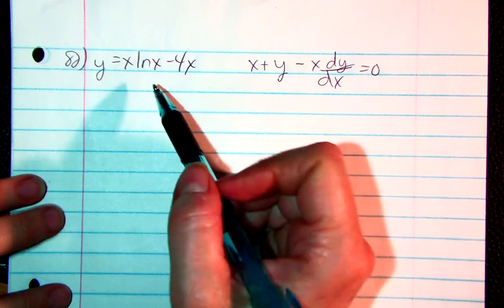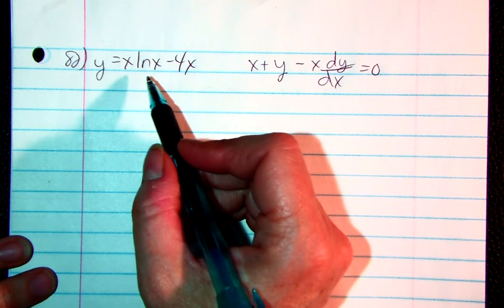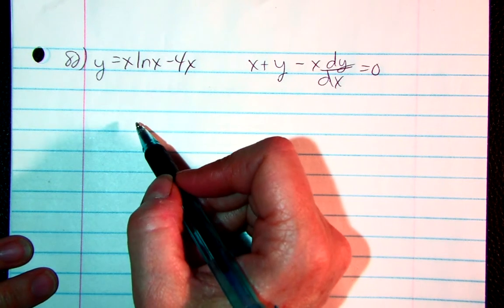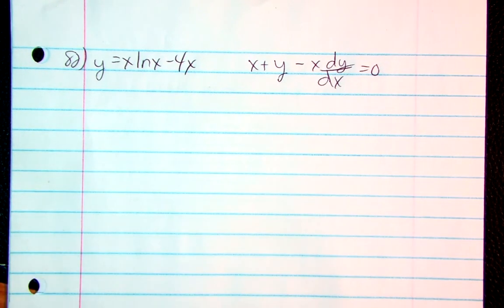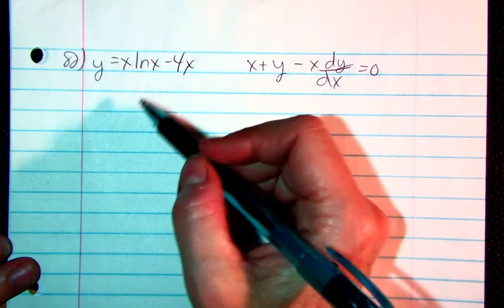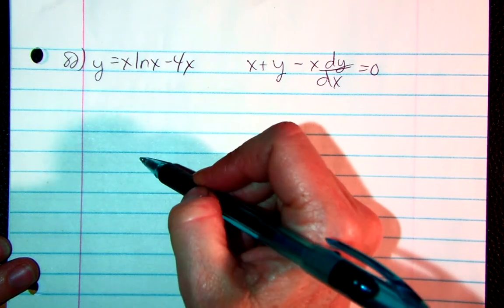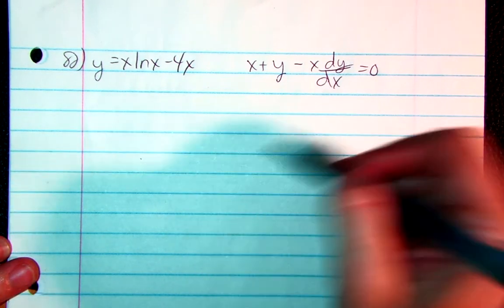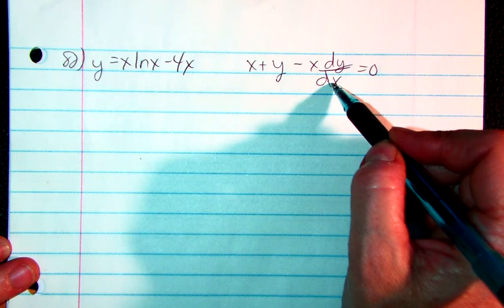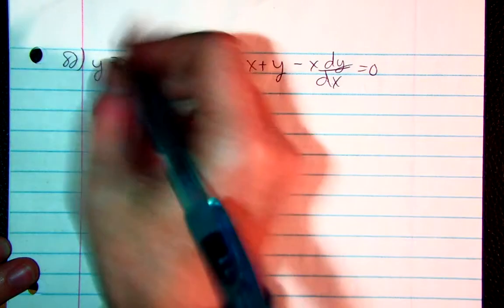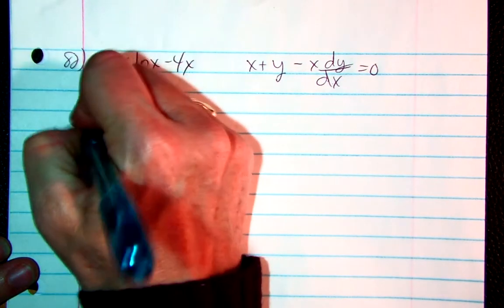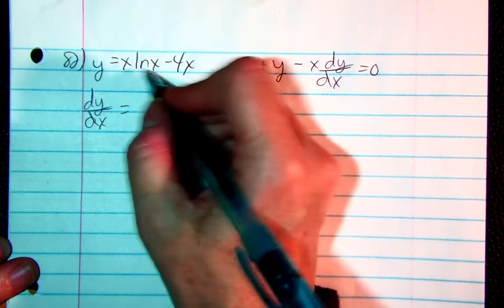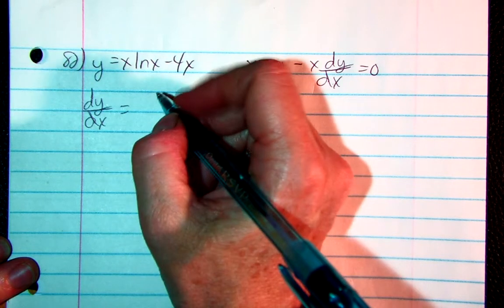So I'm going to proceed to take the derivative of this. Once I take the derivative, I'm going to substitute that derivative into here and see if it is a solution. dy/dx equals, well, that's the product rule.